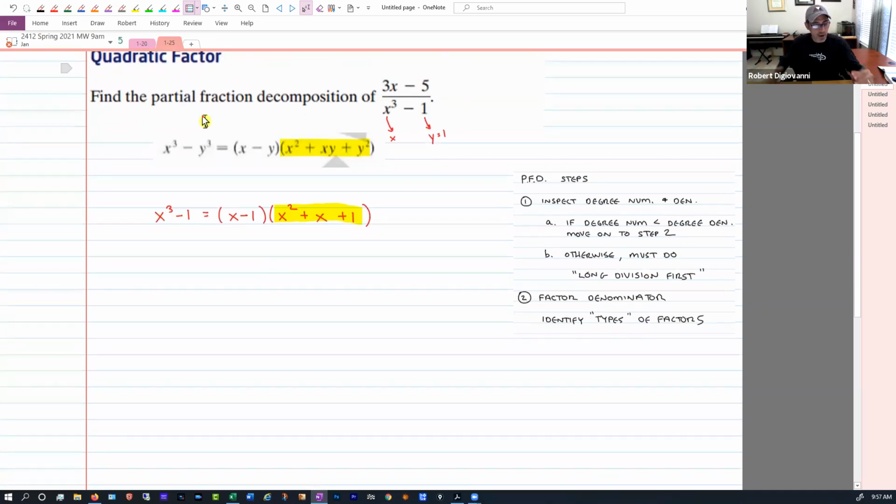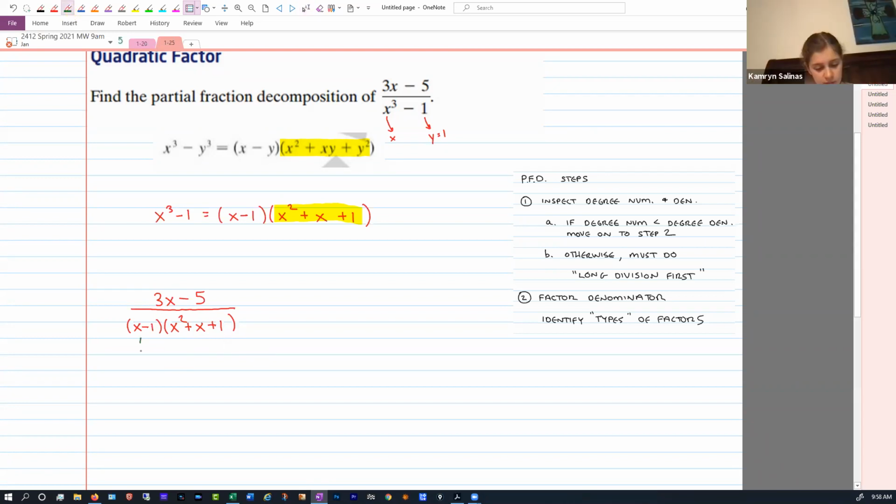All right. So let me write down where we are, and then I'll take questions if you have any. We're going to write down the original numerator, and then we're going to write down the factored form of the denominator. And that is completely factored. There's nothing else we can do to factor this quadratic. Are we okay with that?